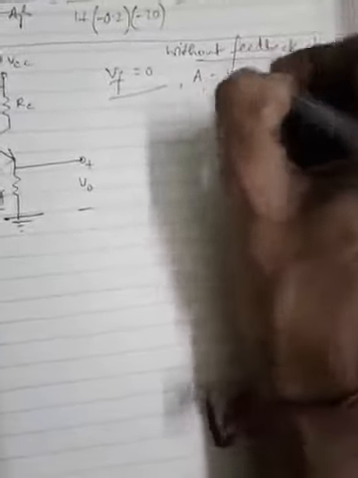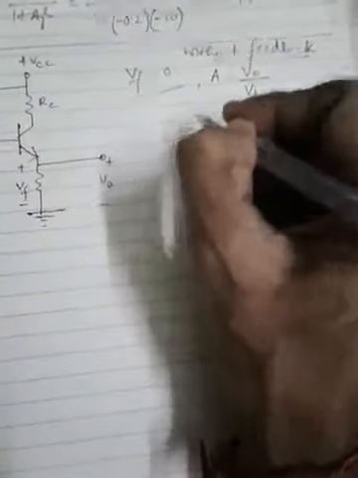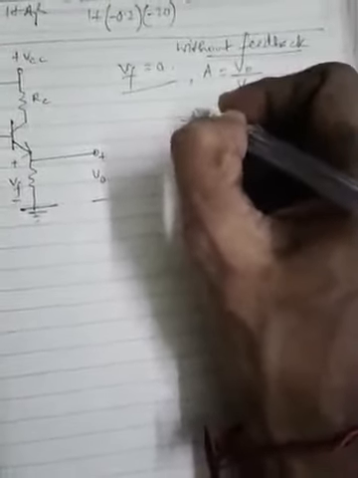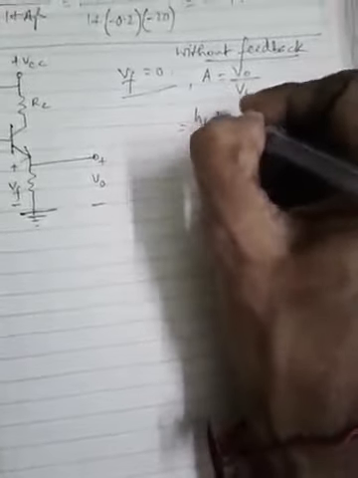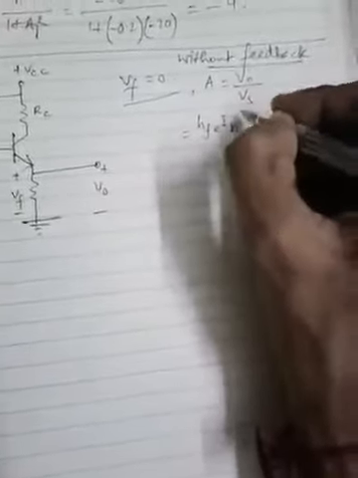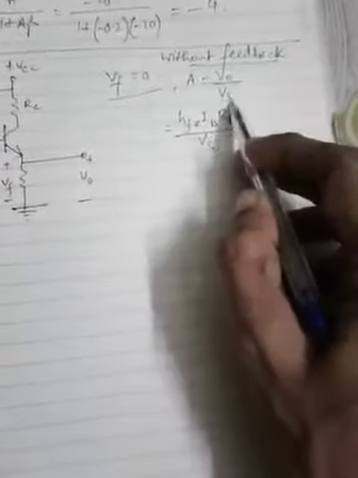So we can say in that case without feedback A equal to Vo by Vs, and therefore this Vo is nothing but HFE IB into RE divided by Vs, overall output by overall input. Now what is output? Vo, it is the voltage drop across this resistance, which is RE.